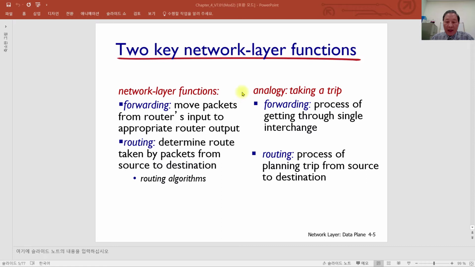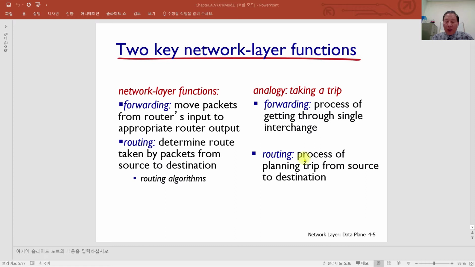We can think of this analogy. Think about a trip. When we are taking a trip, forwarding is analogous to the process of getting through a single interchange. We are driving our car and going through a single interchange to go to the proper expressway.